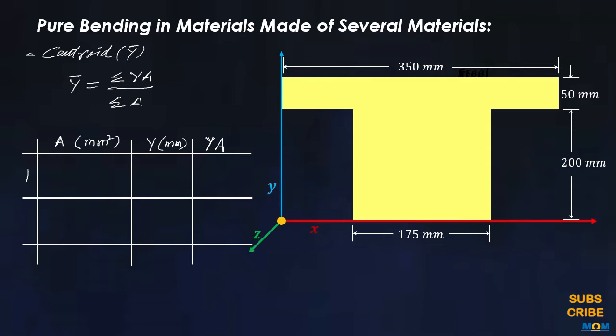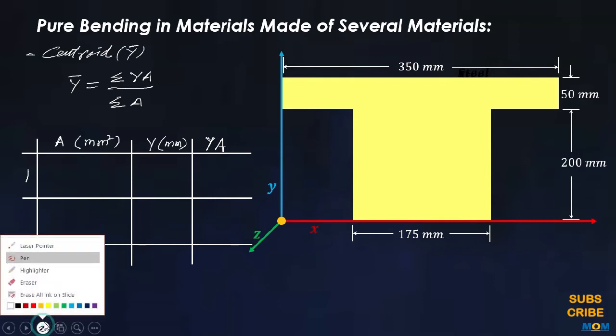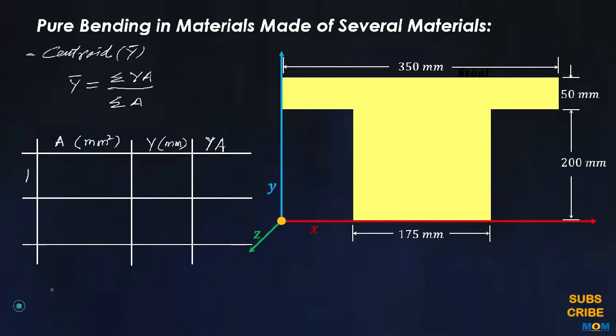The area of rectangle 1 is 350 multiplied with the height, that is 50, which comes out to 17,500 millimeter square.